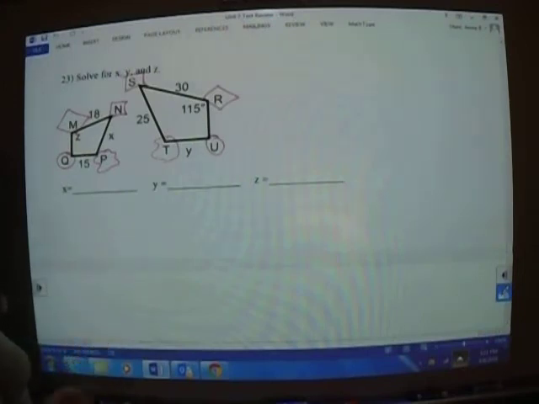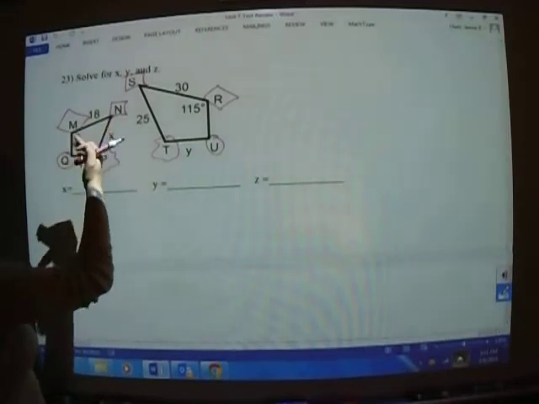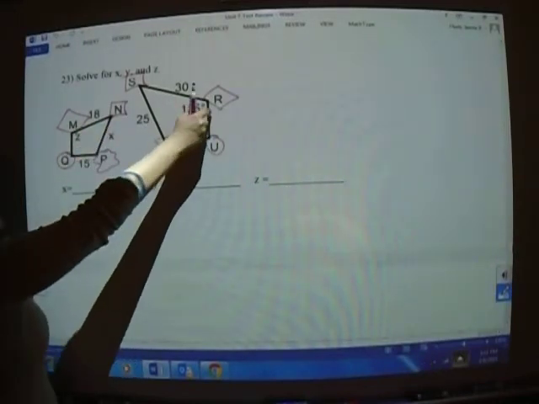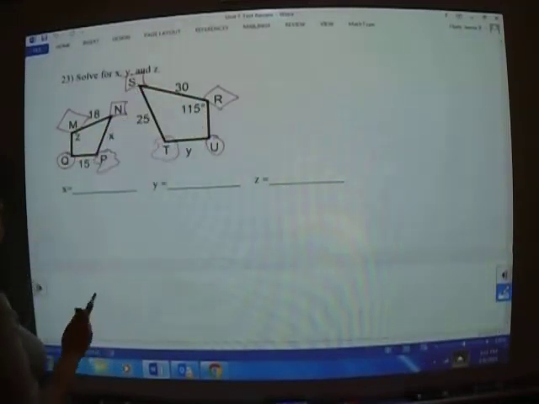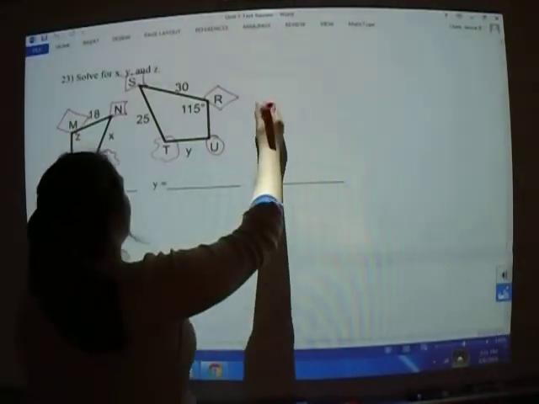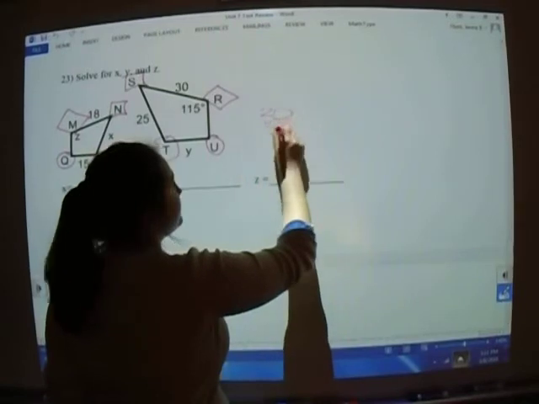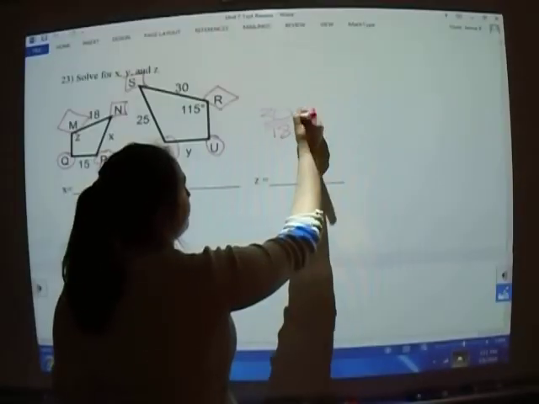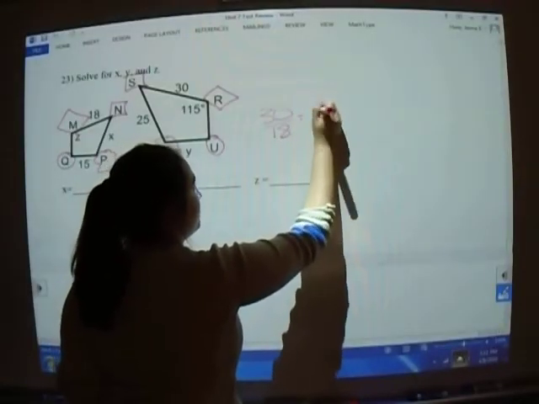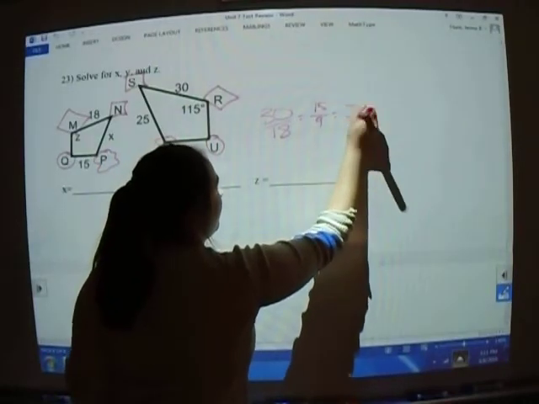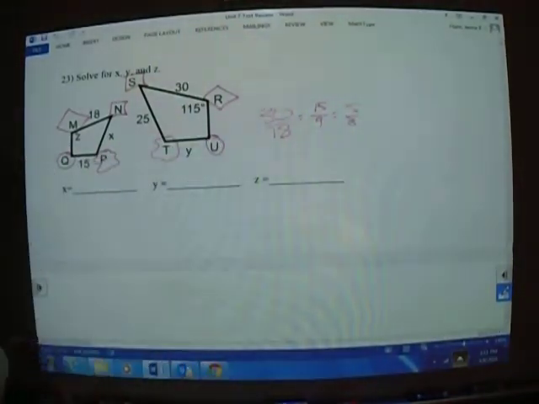So first let's find the ratio, okay? MN is similar to RS. So the ratio is 30 over 18 or 18 over 30, depending on which way you're going. So this is 15 over 9, 5 over 3. That's our ratio, okay? So we want to find x.